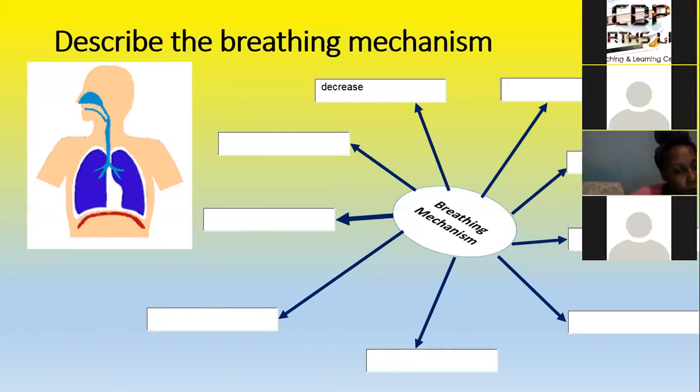Pressure. Relax. And make sure you use the word contract. Okay. Increase. What is increasing?